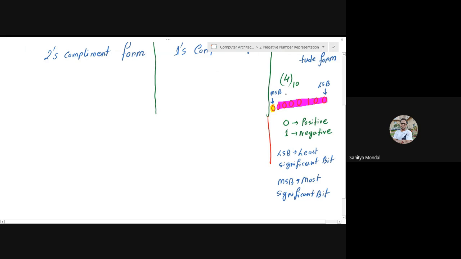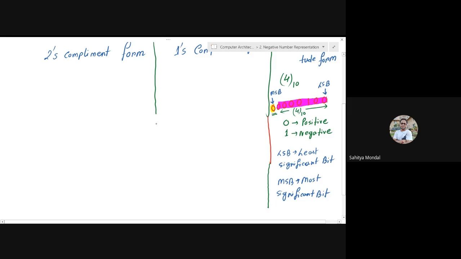When I convert this plus 4, you can see that the MSB is 0, so it specifies positive, and we compute 4 from the magnitude. If you convert it into decimal, you get 4. Understood or not? Yes, sir.